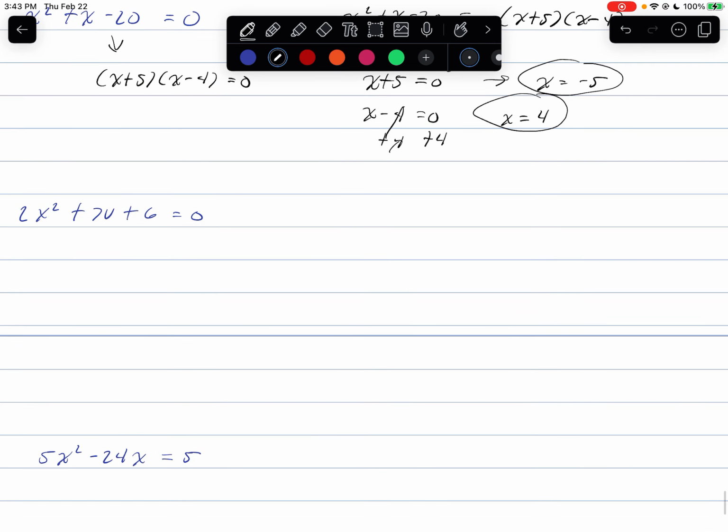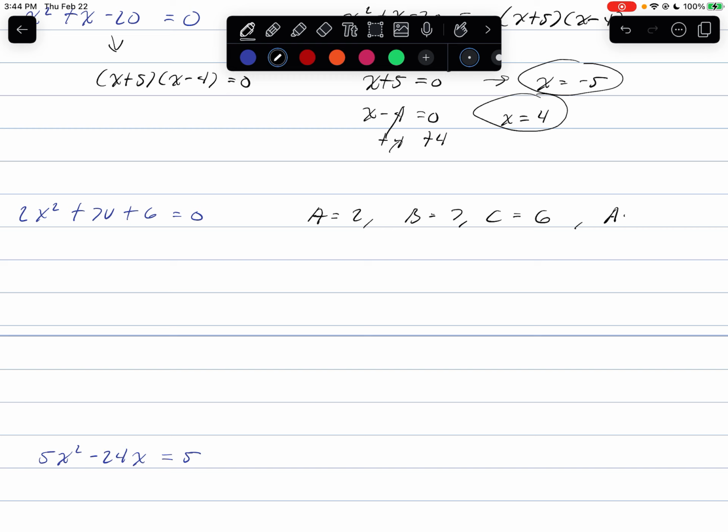Let's look at this one. Here we have 2x squared plus 7x plus 6 is equal to 0. Okay, so it looks like here we're going to have to use the actual full AC method. So here we have a is equal to 2, b is equal to 7, and c is equal to 6.